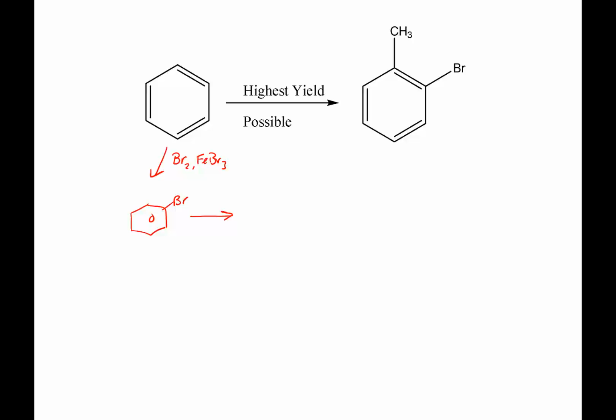How do I add the methyl group? CH3Cl and AlCl3 or FeCl3. Now, where's that going to put the methyl group? Into two positions. The methyl group's going to go ortho, and it's going to go para.